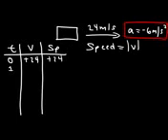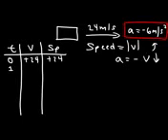Now 1 second later, what will be the new velocity? Well, the acceleration is negative 6, and recall that if acceleration is negative, the velocity will be decreasing. So it's going to decrease by 6. So 24 minus 6 is 18.